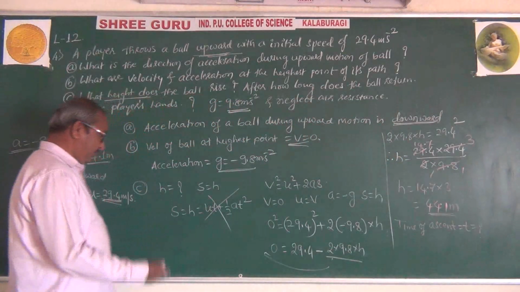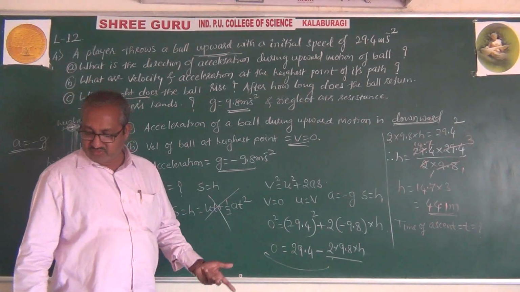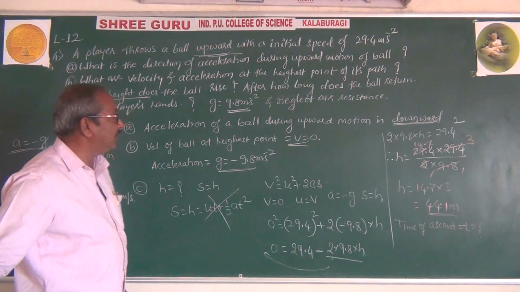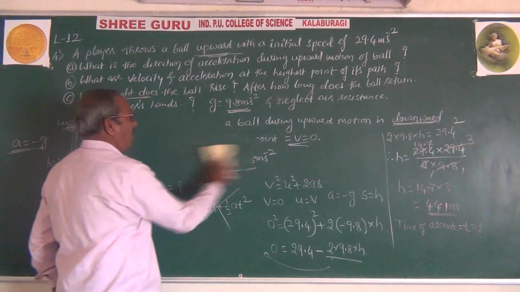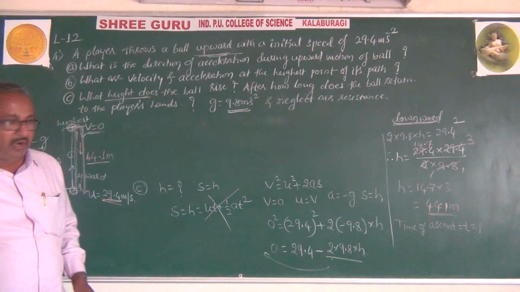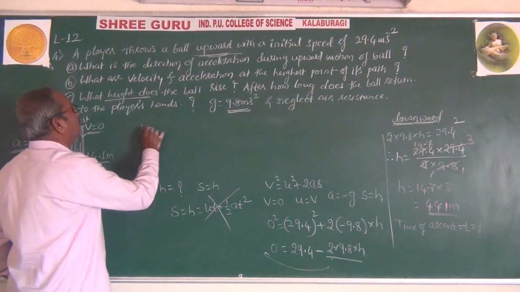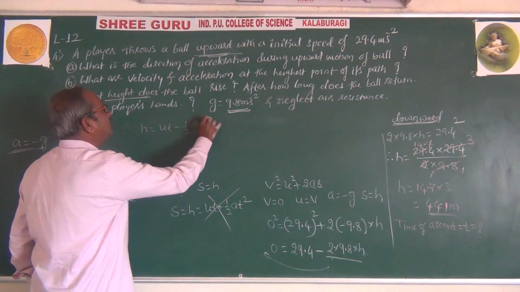For that purpose you can use s equal to ut plus half at square. Whenever it is thrown upward, h equal to ut minus 1 by 2 gt square.